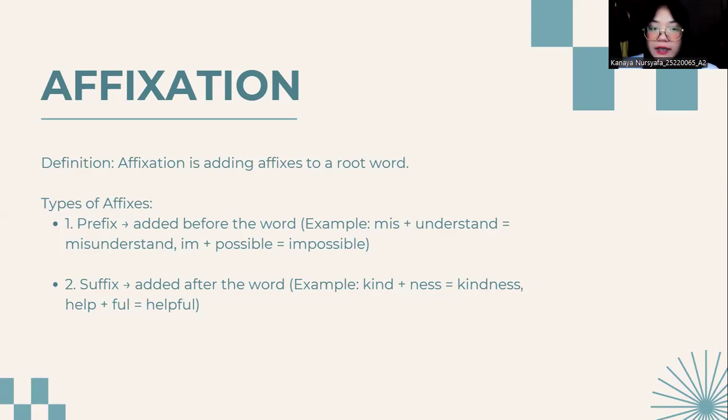And the second type is suffix, added after the word. The examples like kindness, kind plus ness, and helpful, help plus ful. This process is very common because many English words use prefix and suffix.